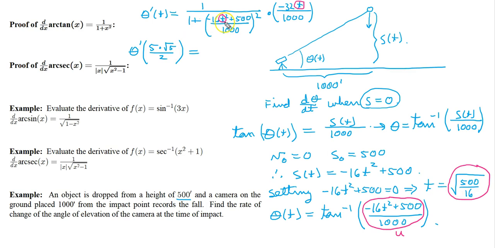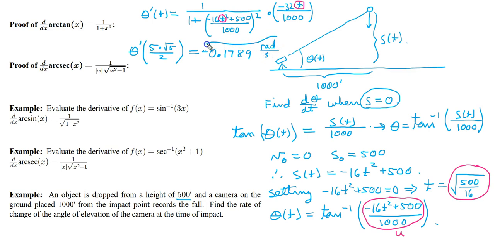And now plugging this in for the t here and here, I'm not going to write all that out, but you can do that on your calculator, and you'll get negative 0.1789. Let's just round that to 4 decimal places. So that's our answer, and the units there would be radians per second.